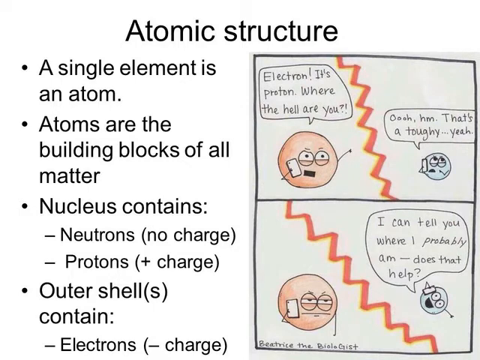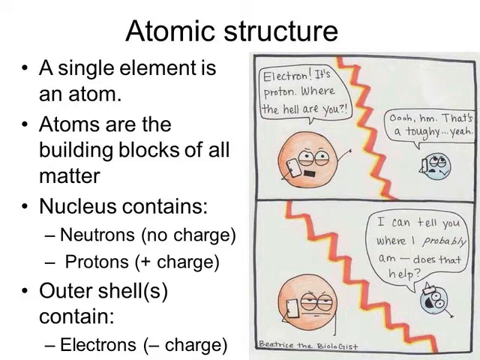And then your electrons have the negative charge, and they are floating around outside of the nucleus. So they have what's known as valence shells, which we'll cover in a little bit. But essentially, when we draw electron valence shells, they're these nice circles around the nucleus, but that's not really the case.